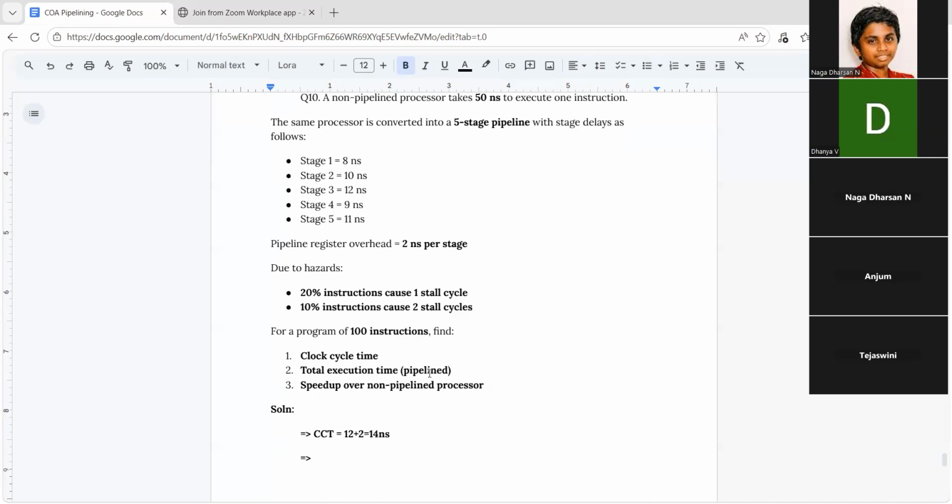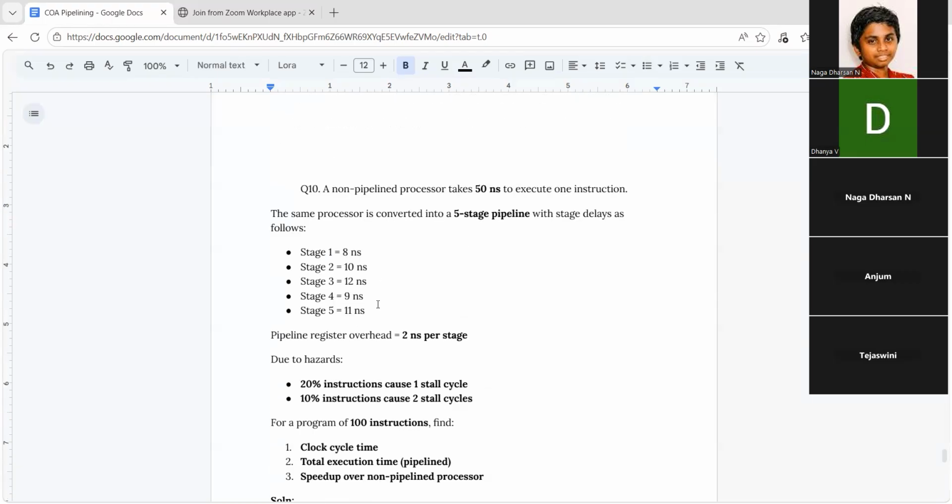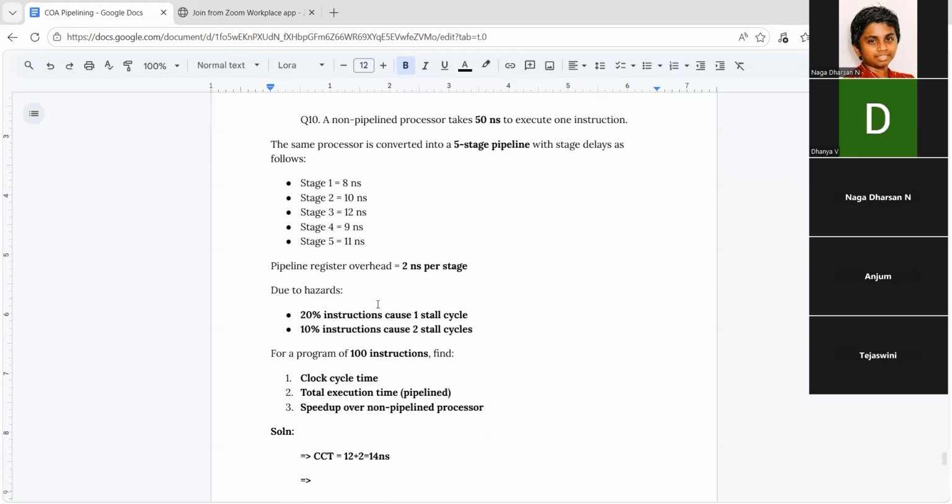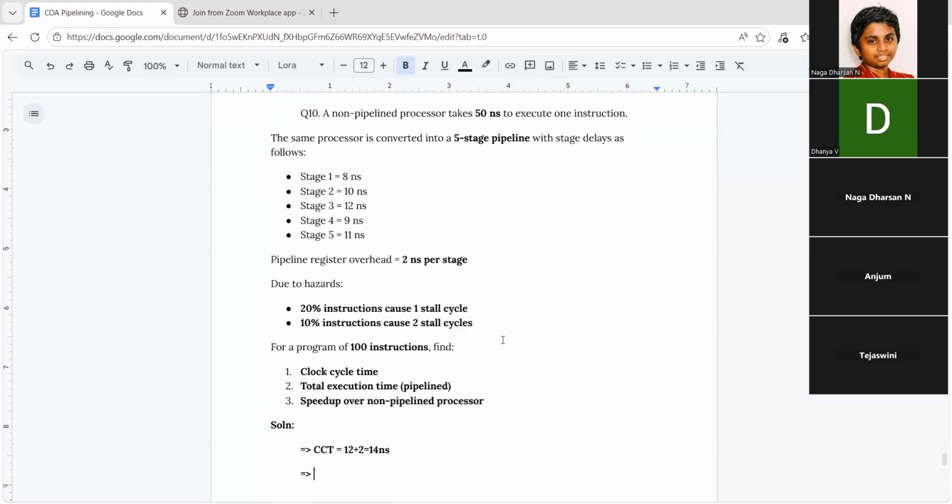Moving on to the total execution time for the pipeline. Since all the stage times are different here, we use the sum of all stages plus (n minus 1) times the time of the slowest stage. The sum of all the stages is 8 plus 10 plus 12 plus 9 plus 11, which gives 50... the sum gives 30 as stated, but we also need to include the 2 nanoseconds per stage.